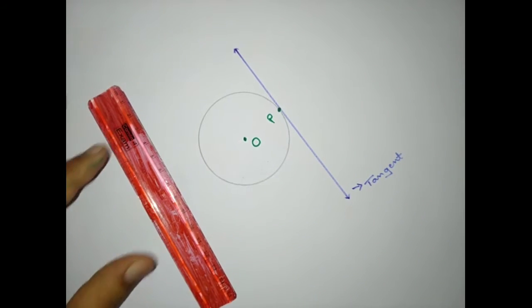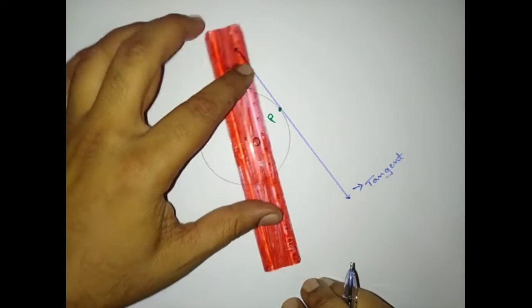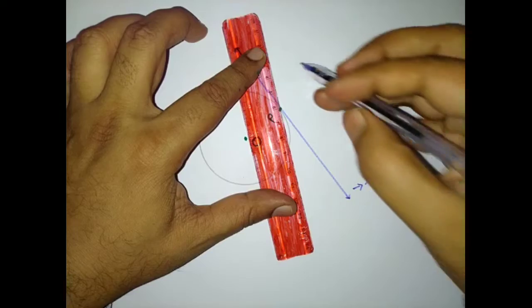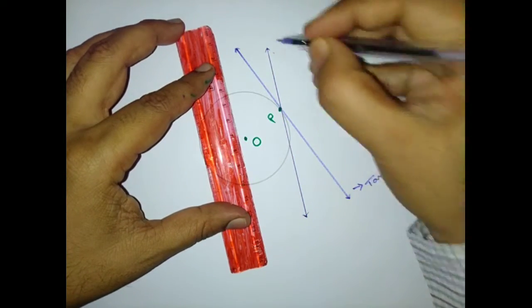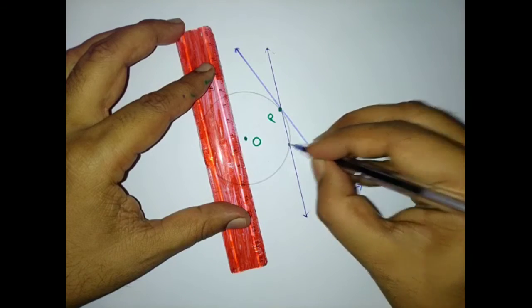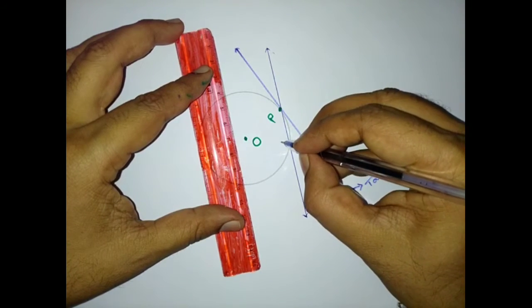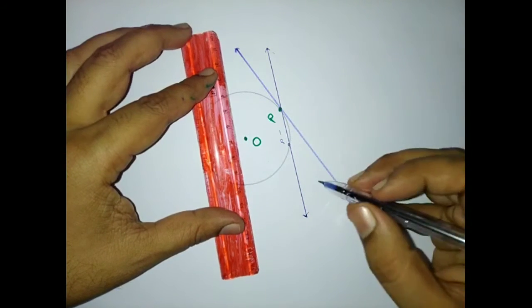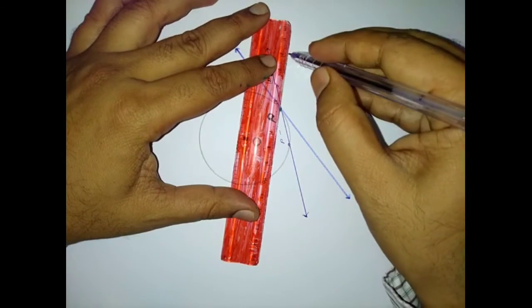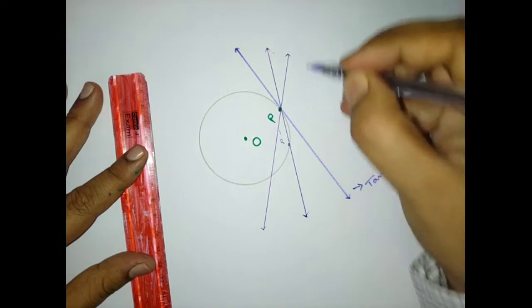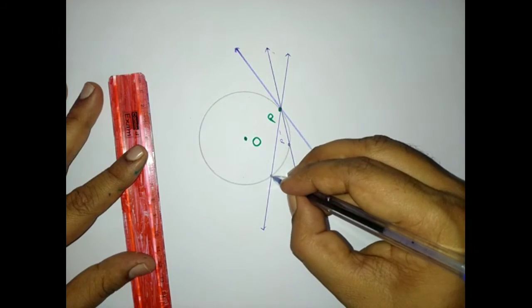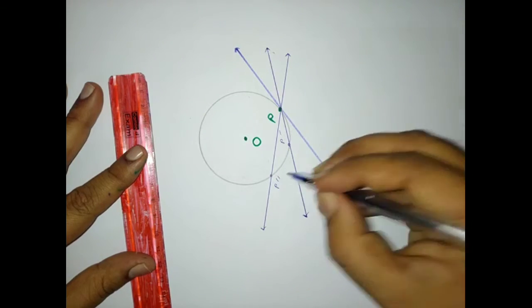Now we will slightly rotate this tangent, keeping the point P fixed. If we do so, we find that our tangent intersects the circle at one more point. Let us say this point is P dash. Similarly, if we rotate more, then another point of intersection comes. Let us say P double dash.